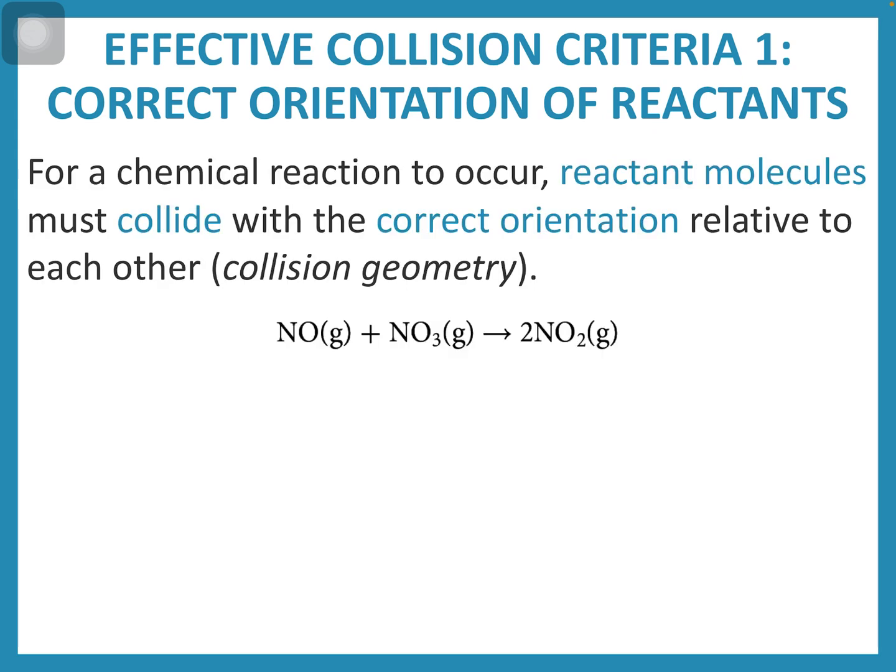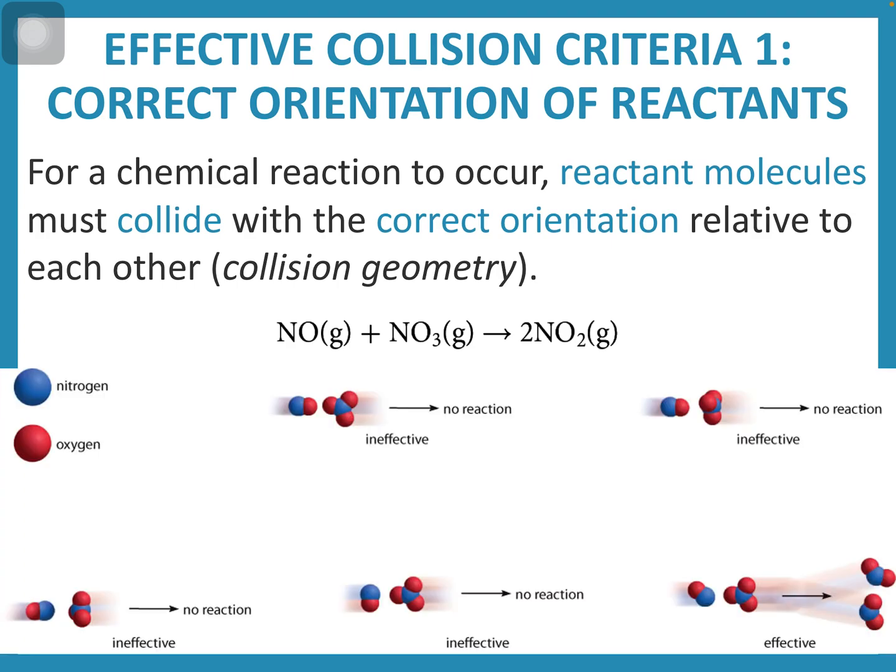So what does that mean? If we take an example here of nitrogen monoxide and nitrogen trioxide reacting to form 2 nitrogen dioxide. So if we take a look, we have oxygen is red, nitrogen is blue. So I have nitrogen monoxide and nitrogen trioxide.